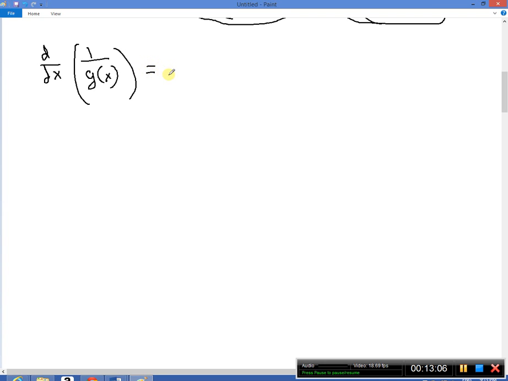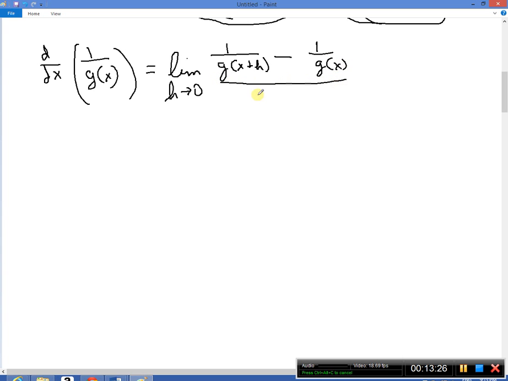So this derivative is, by definition, the limit as h goes to 0 of the function evaluated at x plus h. So I've got to go 1 over g of x plus h, minus the function at x, all divided by h.